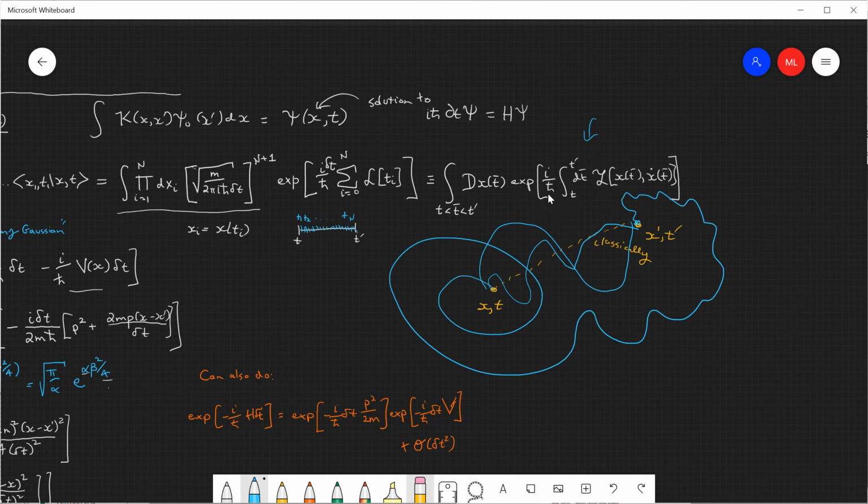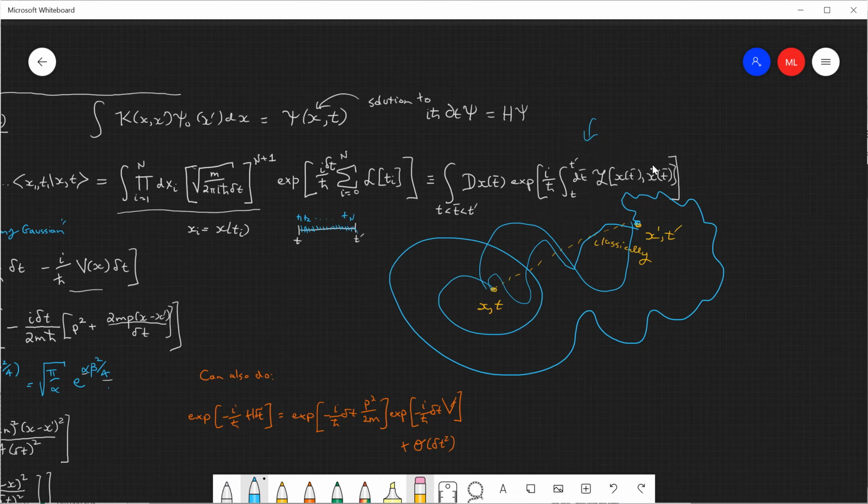So what will happen is h bar will be quite small, and so this exponent will be, for the most part, large. And if it's large, then it'll oscillate very quickly, right? If this is large and quickly varying, then i times a large number that changes quickly will be a very rapidly oscillating function.